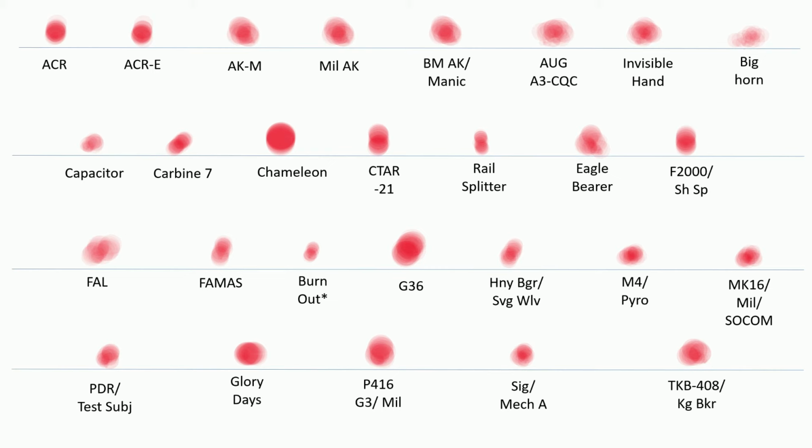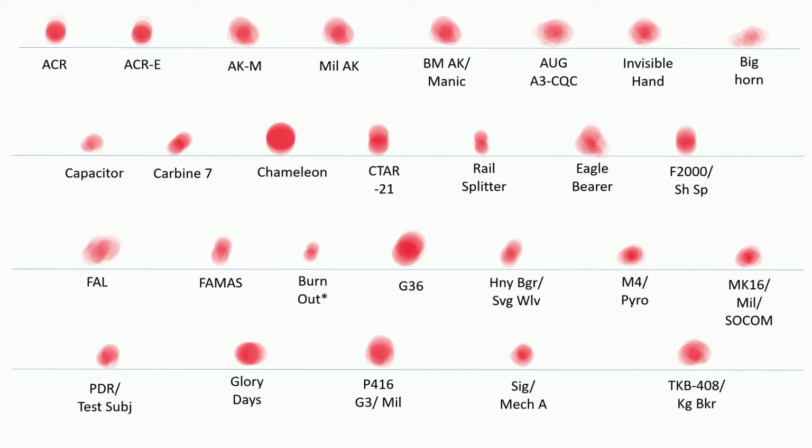However, what the devs have done is they've changed the right hand kick for the AUG to be more bullets for the Invisible Hand, making it much smoother and much easier to control. And the cloud, as you can see, is quite different from its non-named counterpart, the AUG.